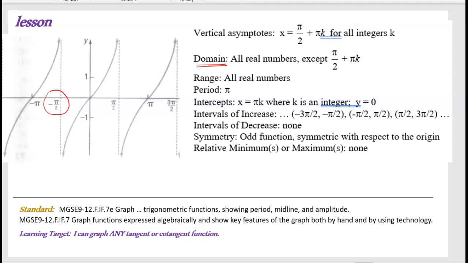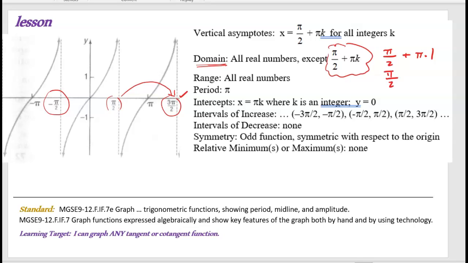So we know the tangent function is defined everywhere except at negative pi over 2, pi over 2, 3 pi over 2. A way to write that is, if you take pi over 2 and you add pi, that takes you here. So think of that as pi over 2 plus 1 pi, undefined.